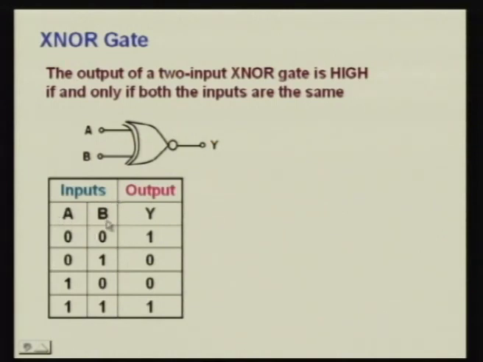So this is the truth table for the XNOR gate. We have inputs A and B and output Y. If both the inputs are the same, then we will be getting the output, so we get output corresponding to the first row and the last row of the inputs. So this will be 1 and this will be 1, but for unequal inputs we will be getting 0 state. Again we can construct the output using the truth table.